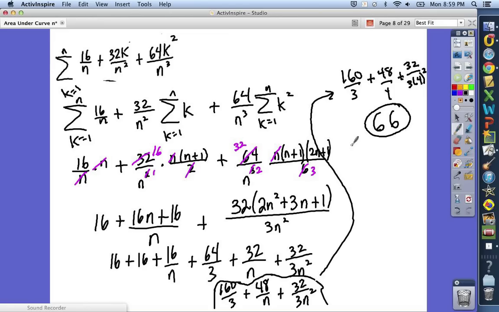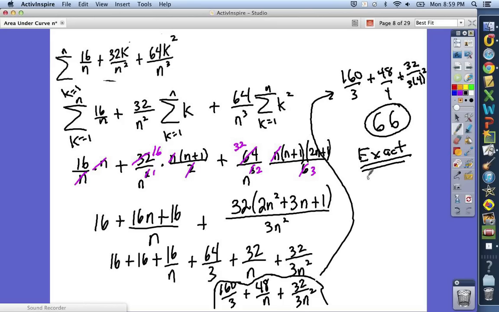Now the next part of this would be to do the exact area. Now the exact area is going to happen when we let the number of rectangles get larger and larger and larger. Because what happens when the number of rectangles gets larger is the little spacing in between the rectangles and the curve gets smaller and smaller.